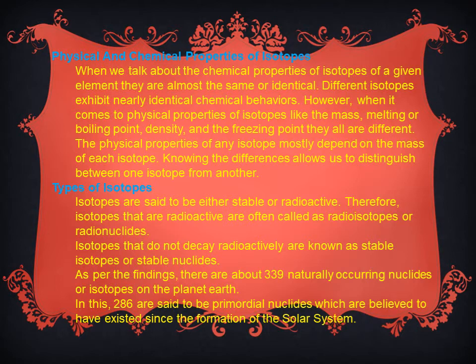As per the findings, there are about 339 naturally occurring nuclides or isotopes on planet Earth. Of these, 286 are said to be primordial nuclides, which are believed to have existed since the formation of the solar system.